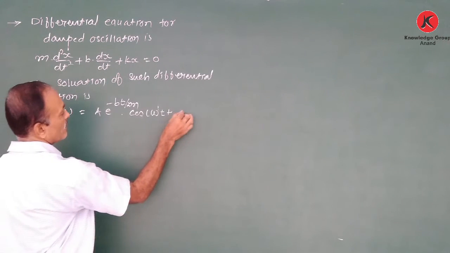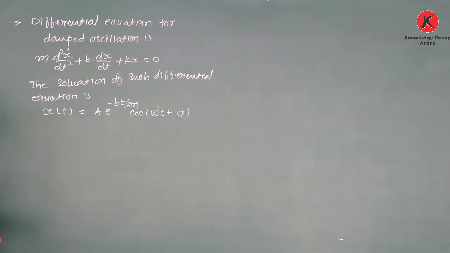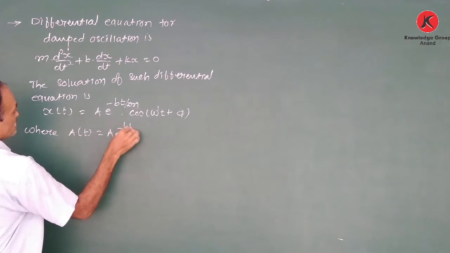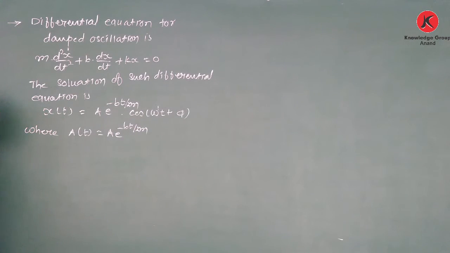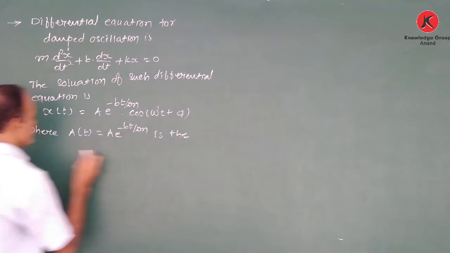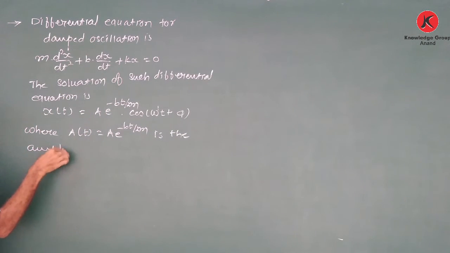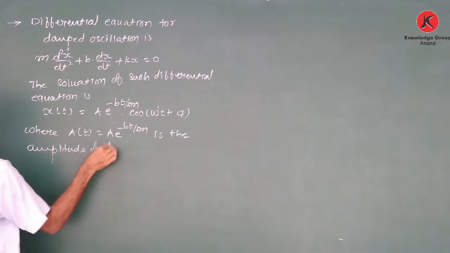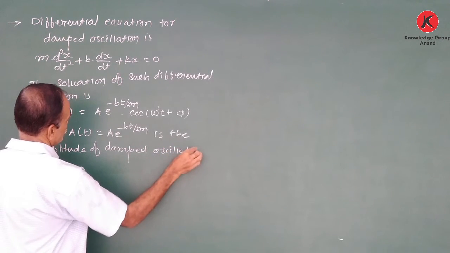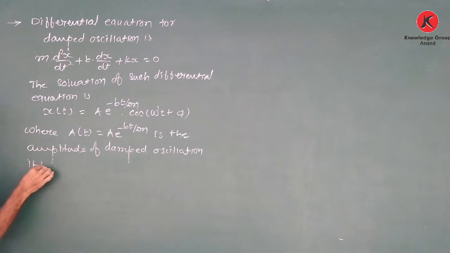That is the solution of the damped oscillation, right? Where A(t) is equal to A e raised to minus bt upon 2m is the amplitude of damped oscillation. It decreases with time.